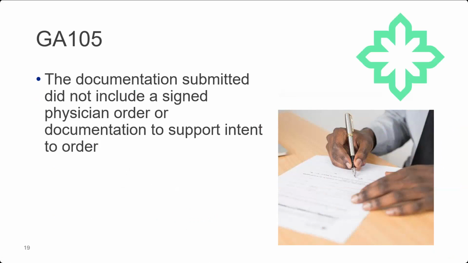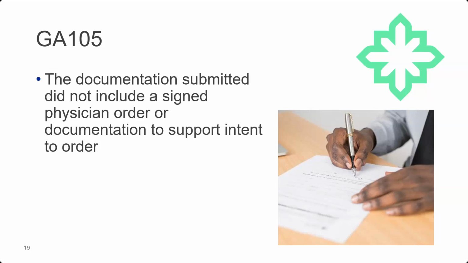Moving on. Next is the GA105. This is missing signed physician order or documentation to support intent to order. So in the absence of a signed physician order, if it's obvious from the clinical progress notes and or maybe the H&P that the intent was to order the scan, we could consider that.